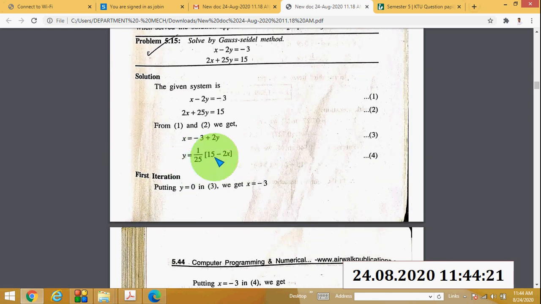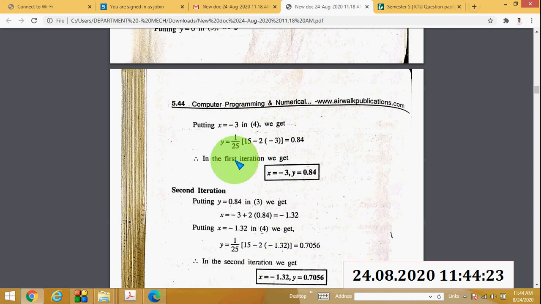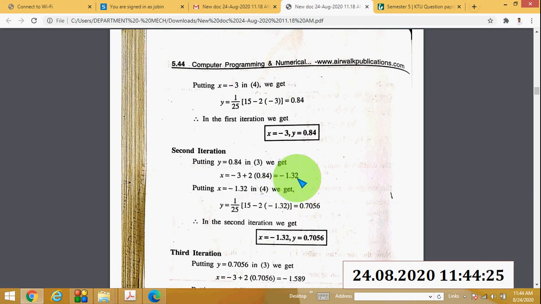So y is equal to 1 by 25 into (15 minus 2 into x). You will get the value of y is equal to 0.7056. So after the second iteration, x is equal to minus 1.32 and y is equal to 0.7056.